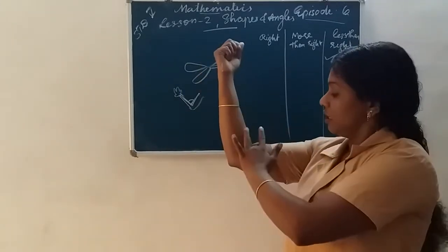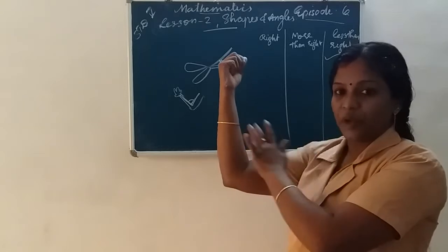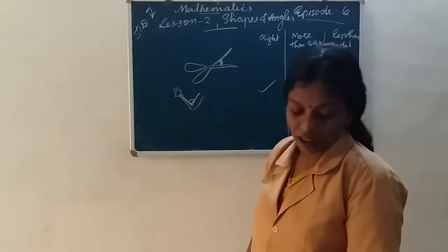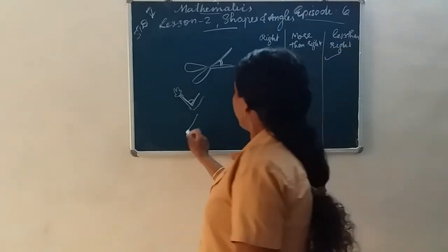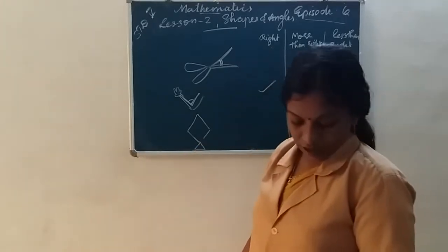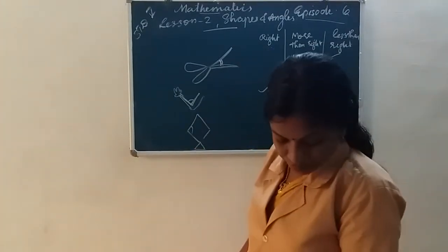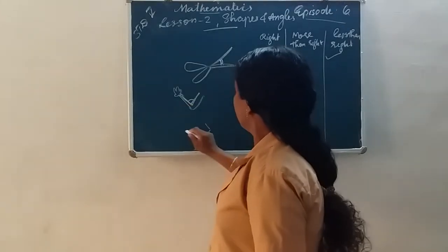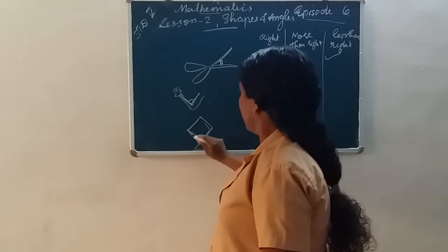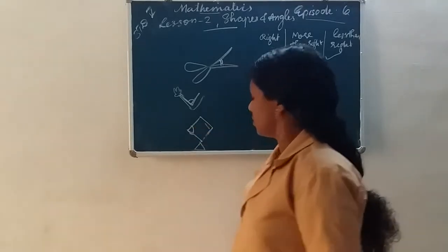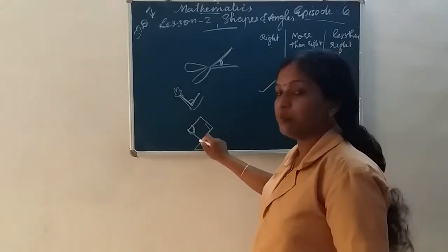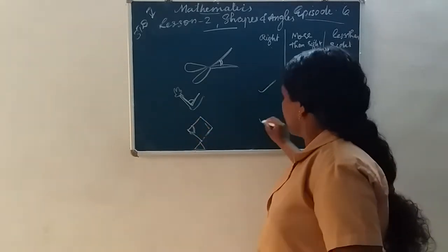This L shaped angle is a right angle. Right angle is 90 degree. Another, a kite, is given. In this kite, one angle is marked. Which type? This is also L shaped. L shaped is right angle.